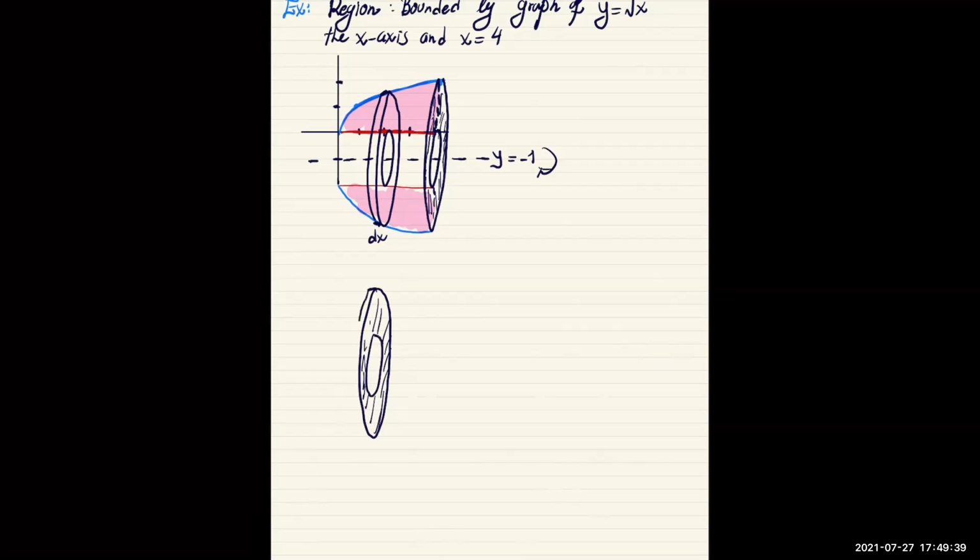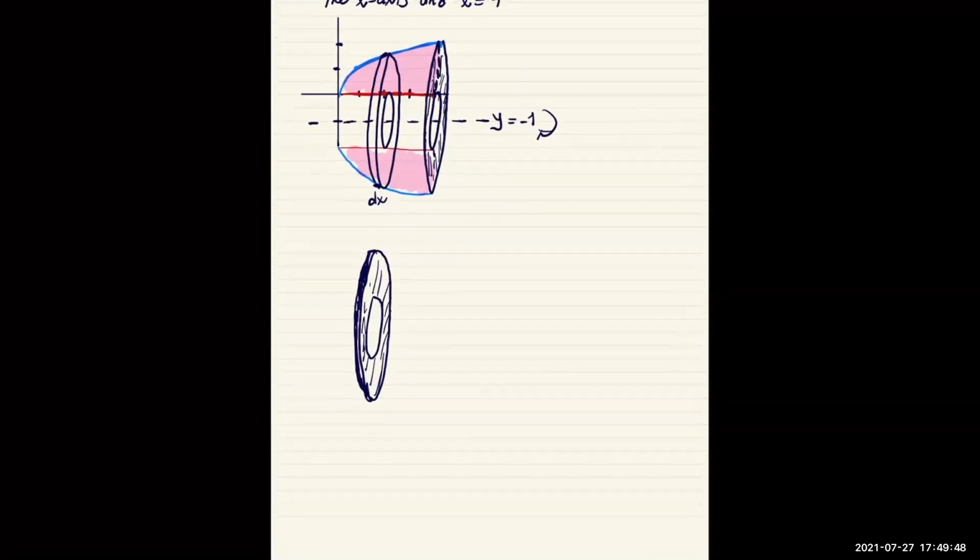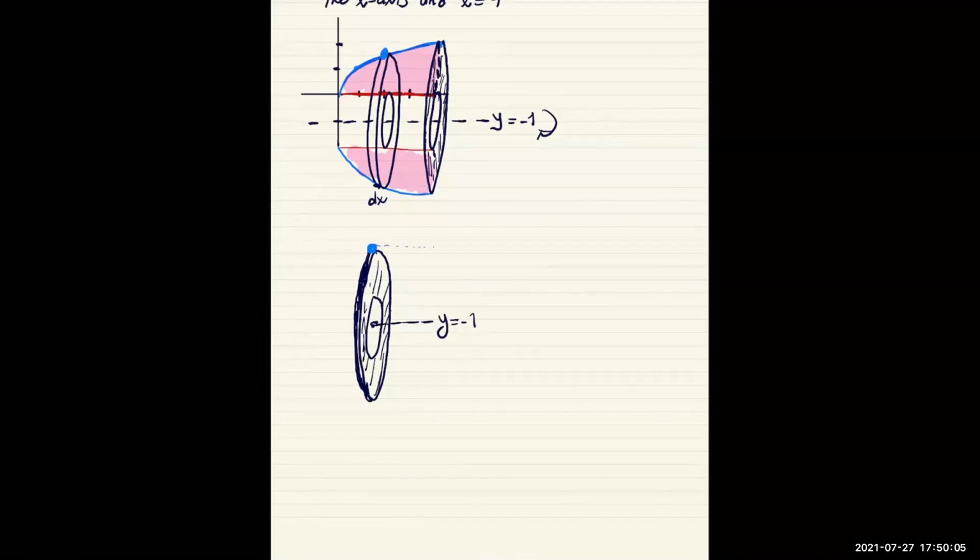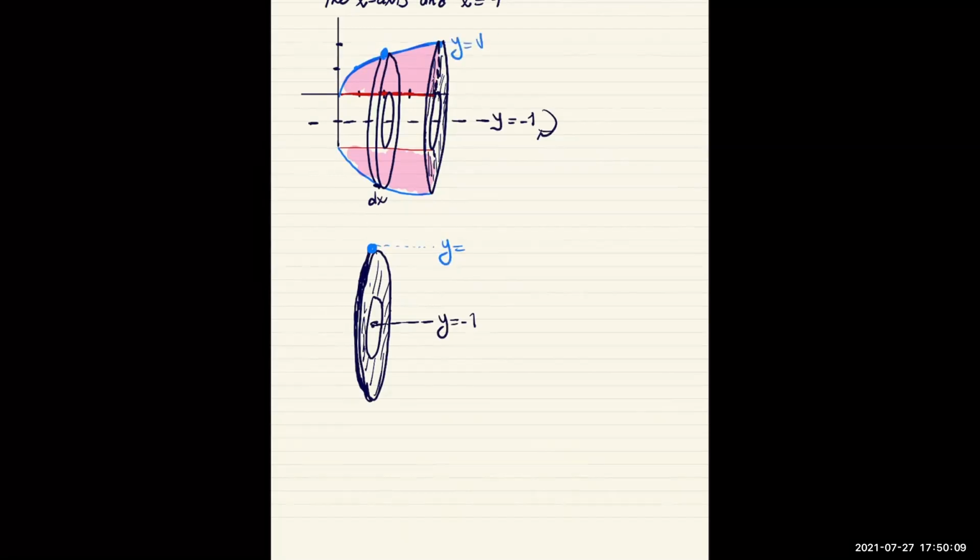So, begin by labeling the center of that washer. The center is y equal to -1. Now, this point on the washer is on the graph of y equal to the square root of x.